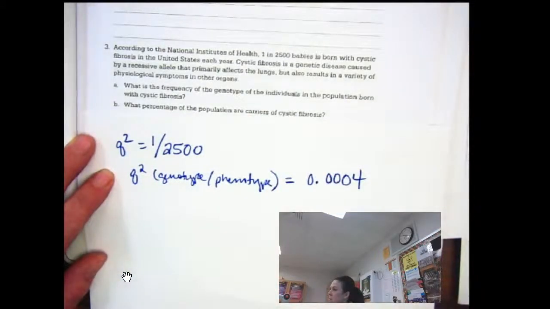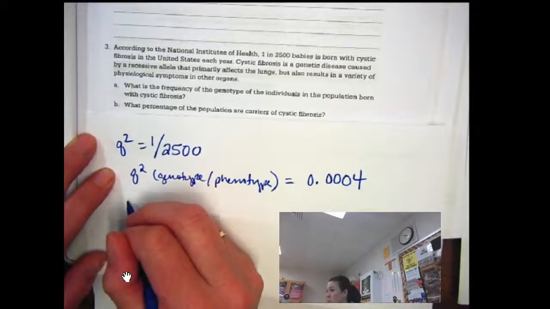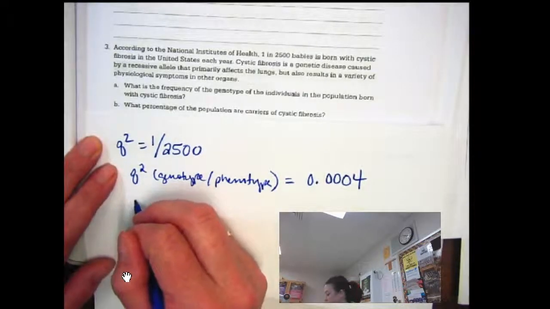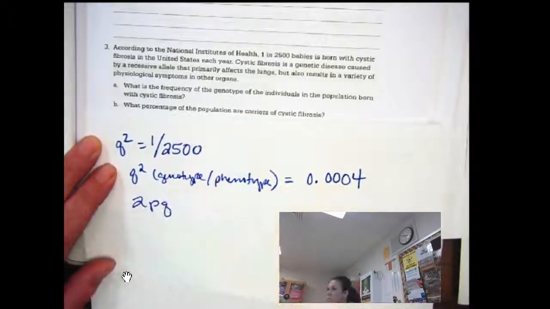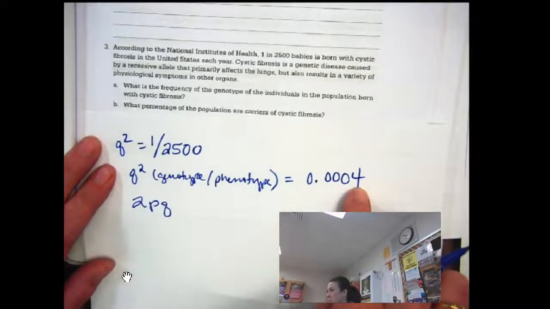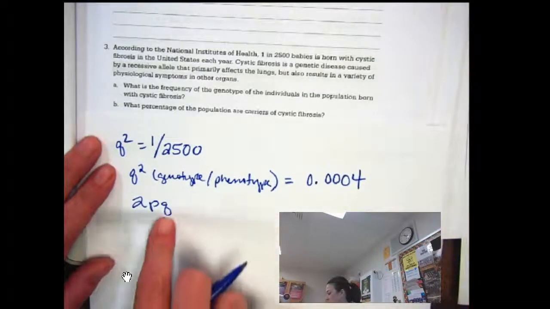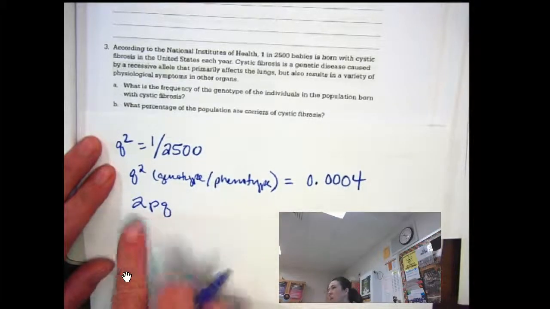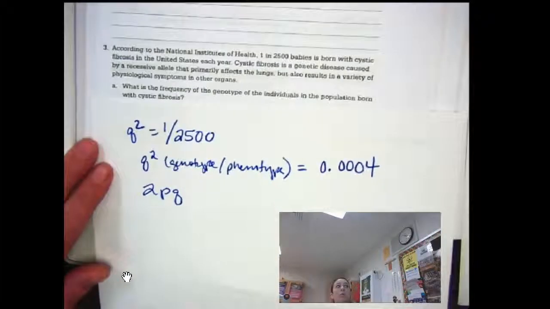Now we want to know the percentage of the population who are carriers. What does it mean to be a carrier? Carriers would be someone who's heterozygous, so they want us to find 2PQ. This is Q squared. I need to find Q, then I need to find P, and then I can find 2PQ.